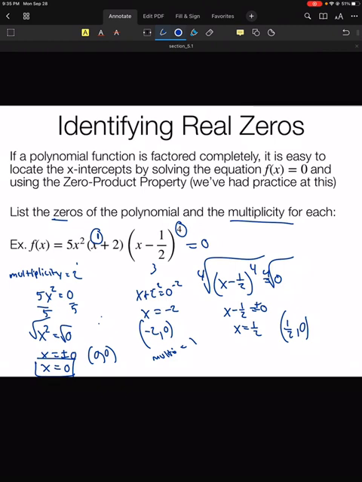And then the interesting part, I have x minus 1/2 raised to the 4th power. And so thus the multiplicity is 4.